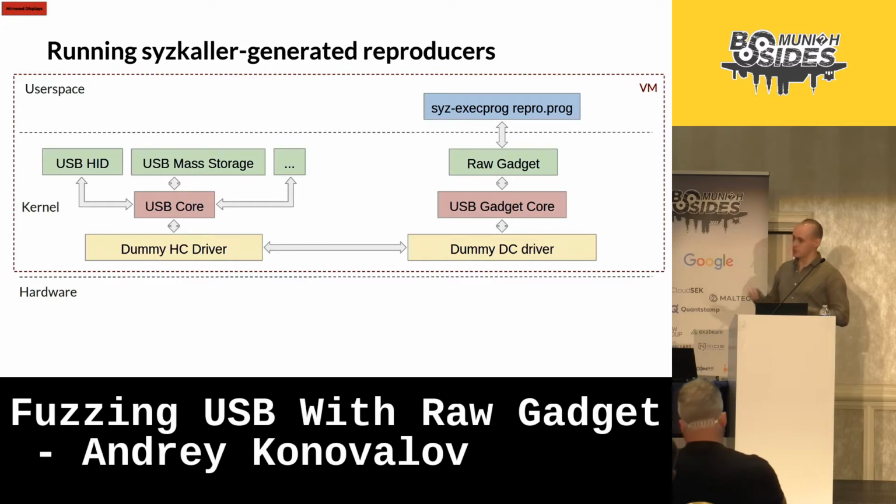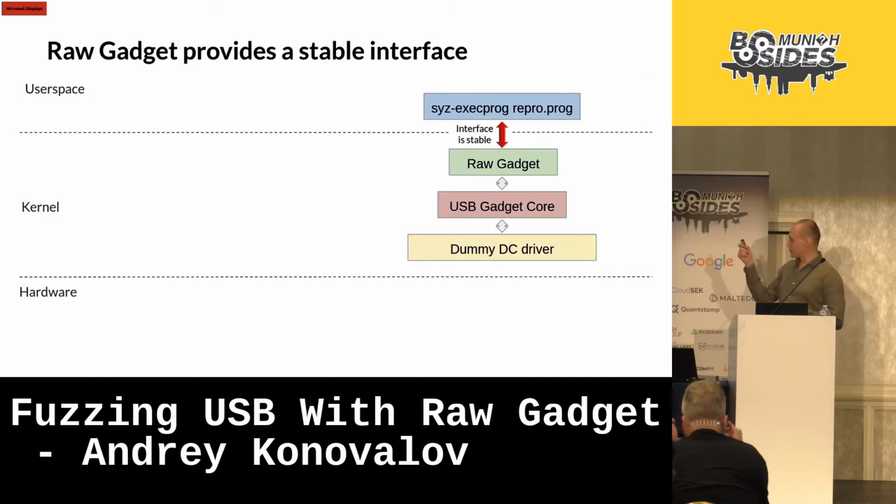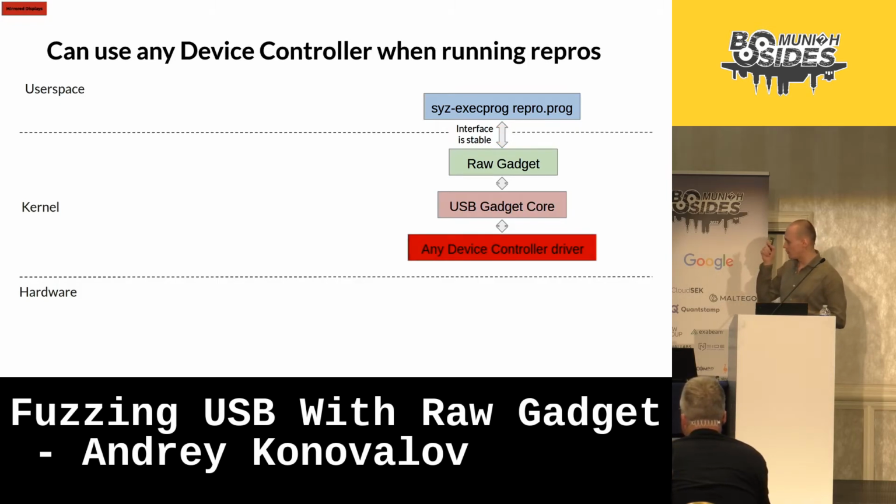And it works with USB as well. Because we're doing the fuzzing in a VM, we take in the reproducer, run it in the same VM, and we can trigger the bug that the fuzzer has found. But the key thing here is that the interface between user space and the kernel is stable. And it is stable in the way that we can use any type of device controller or device controller driver.